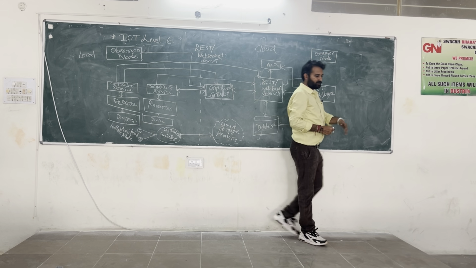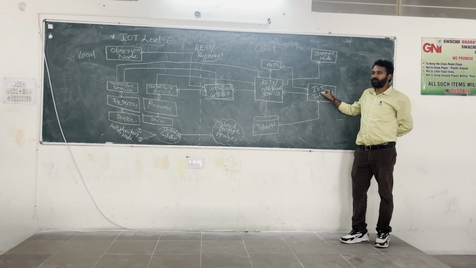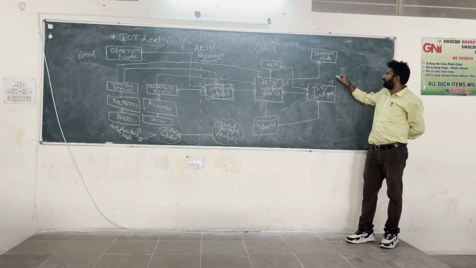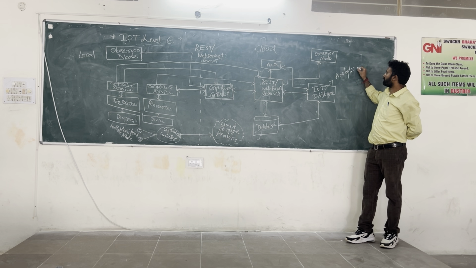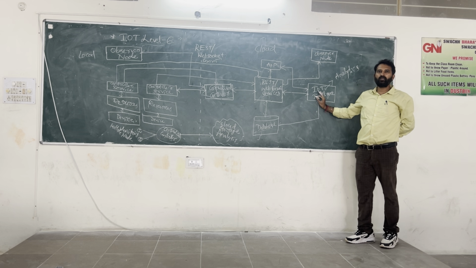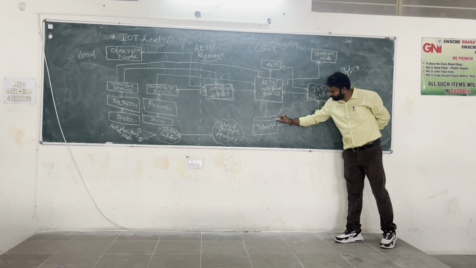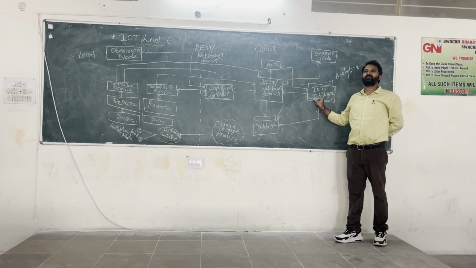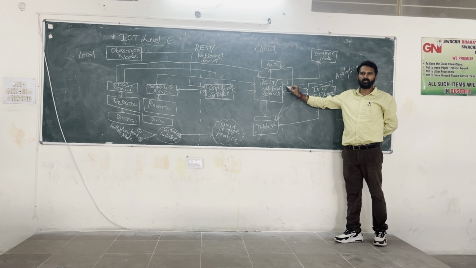Now you have seen a new block here: IoT intelligence or IoT analytics. We call it the IoT intelligence or analytics component. So what was it doing? It was acting on this data which is available in the database, so that your system runs very properly.